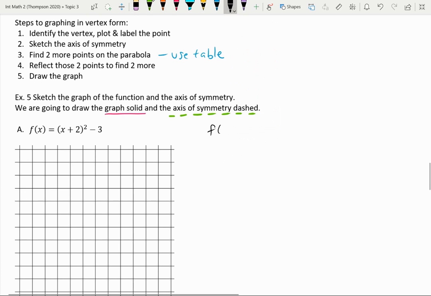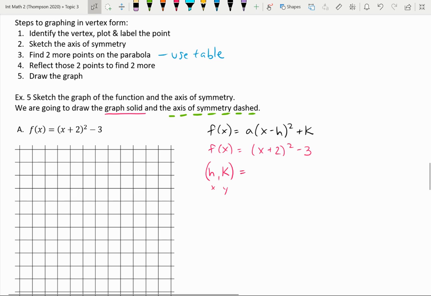Step 1. I need to find the vertex. I'm going to do that by comparing my equation for a quadratic in vertex form to the example given for this problem. Okay. So I'm going to pluck out the vertex. The vertex, this special name (h, k), it's still a point (x, y). We just call it (h, k) because it's a special point.